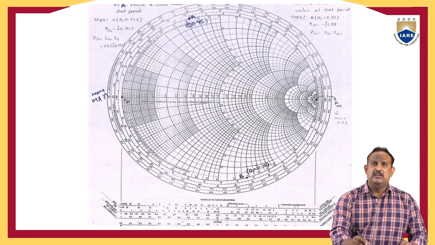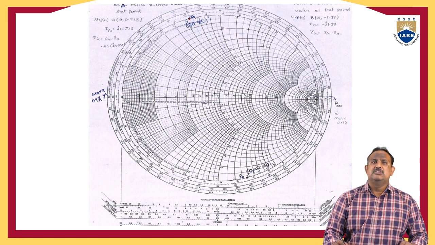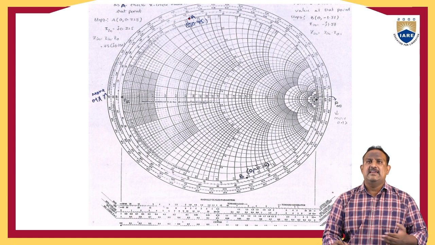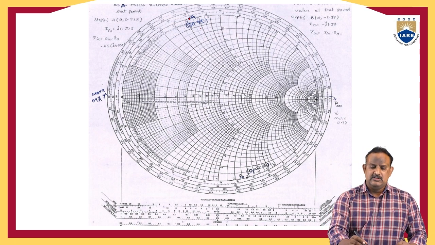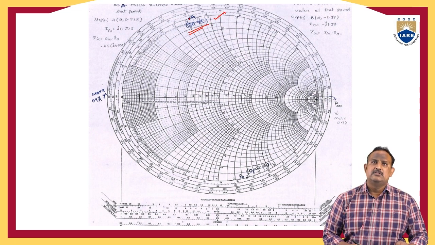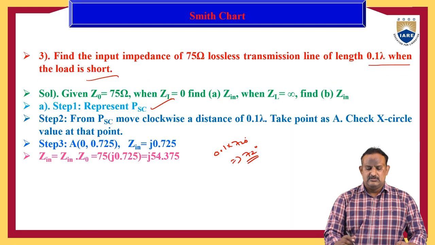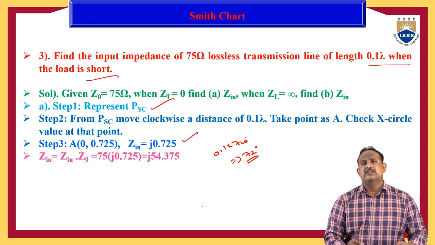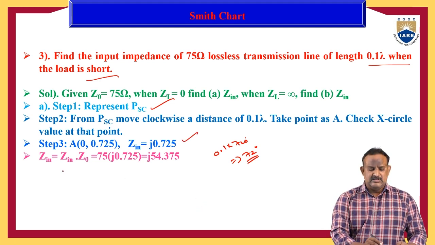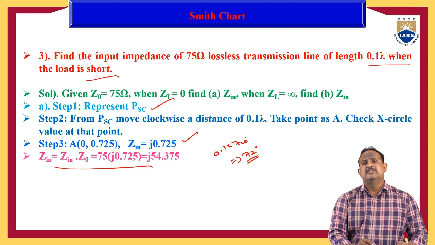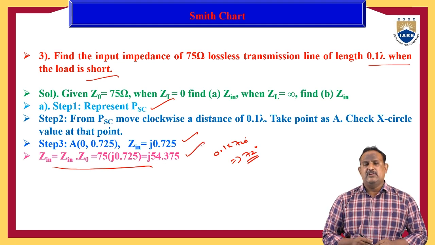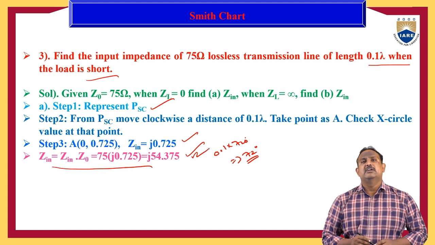Therefore it reaches a point A. Here we have only the reactance component, which is 0.725. So Zn equals j0.725. Therefore the impedance value is Zn into Z0, which is 75 into j0.725, so j54.375 ohms. This is the input impedance of the transmission line when it is short circuited.